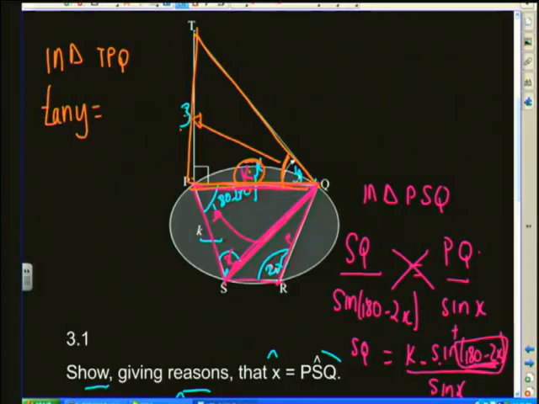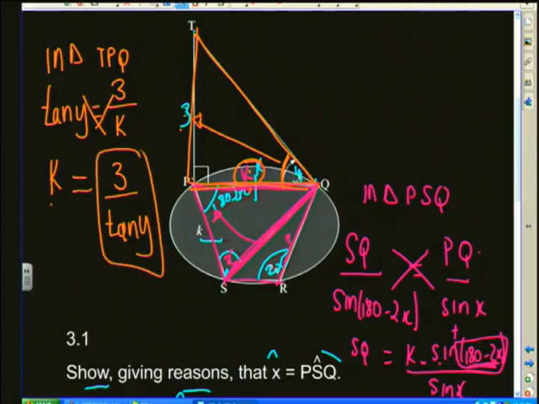So it's equal to 3 over k. Cross multiplying, I'm going to get that k is equal to 3 divided by tan y.